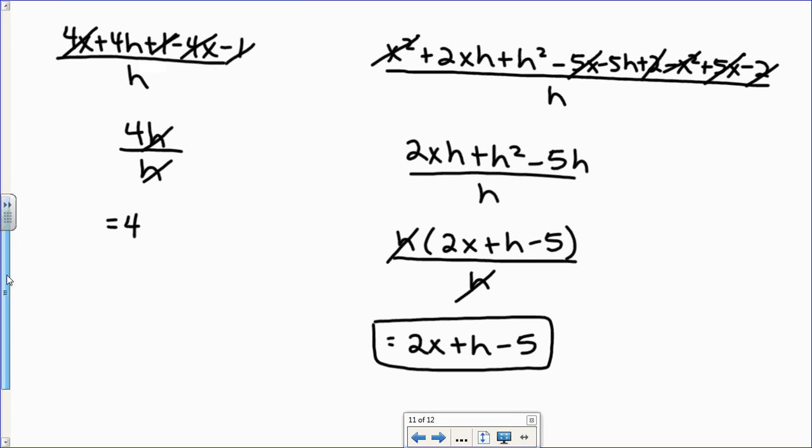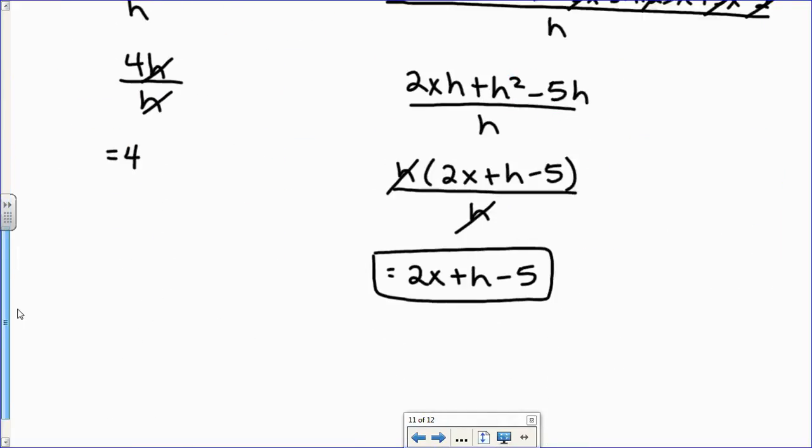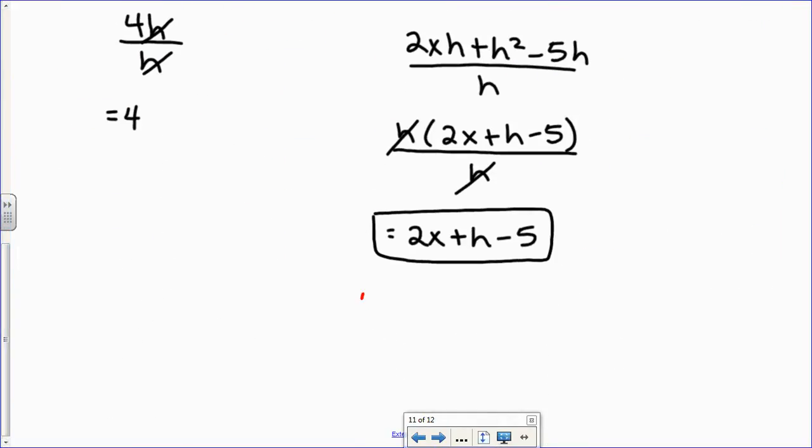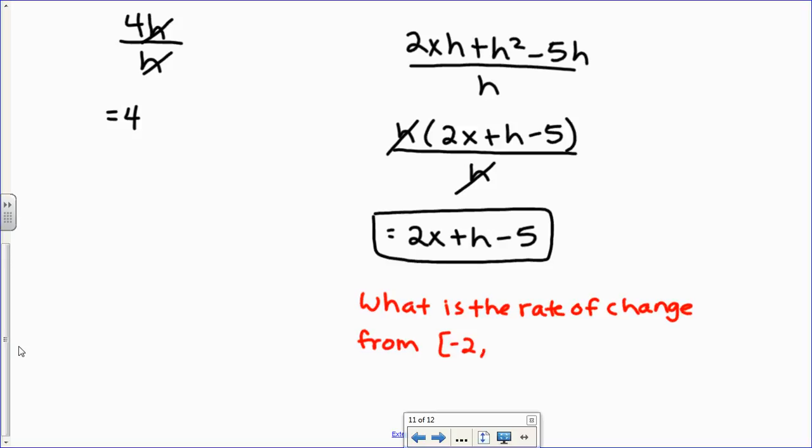So if I said, what is the rate of change from -2 to 6? So if I wanted to know what's the rate of change from -2 to 6, I could plug numbers in here.